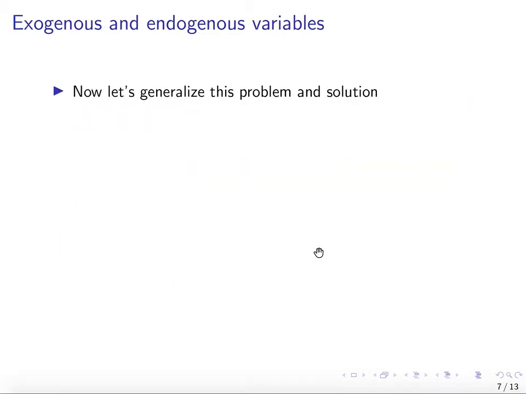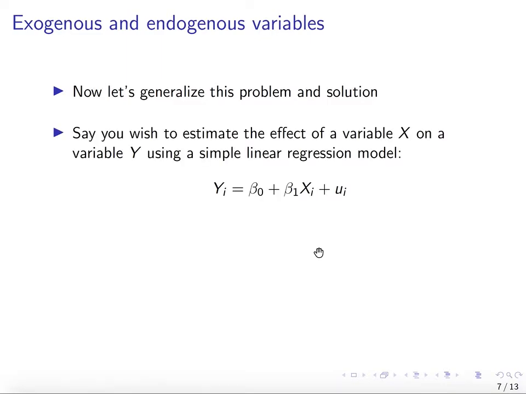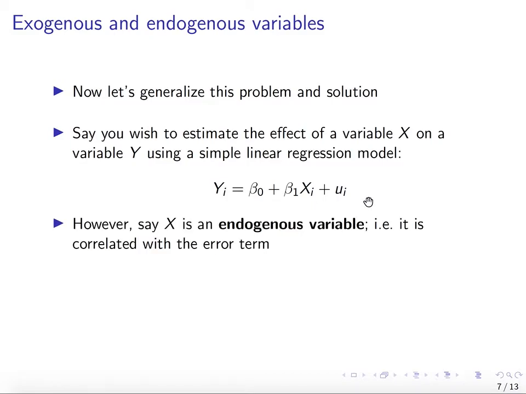Let's generalize this problem and solution. Say you want to estimate the effect of a variable x in general on a variable y, and you want to use a simple linear regression model like this. This one is super familiar to you now. Okay, say x is an endogenous variable.